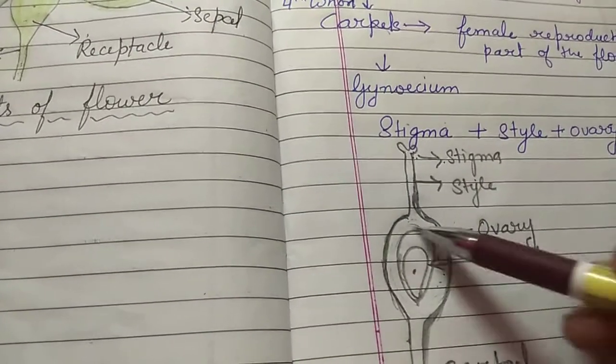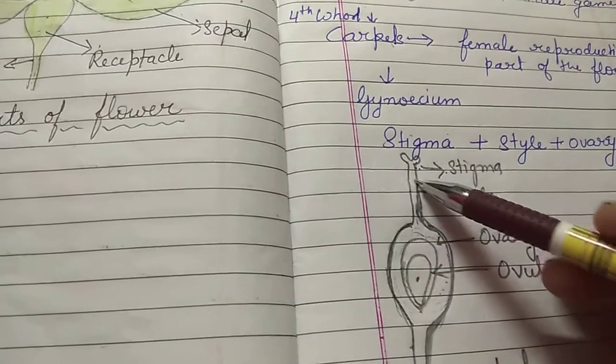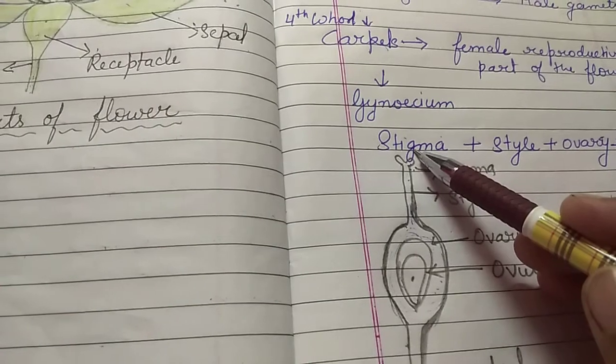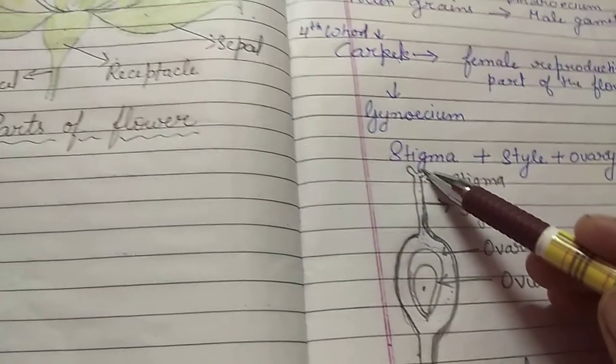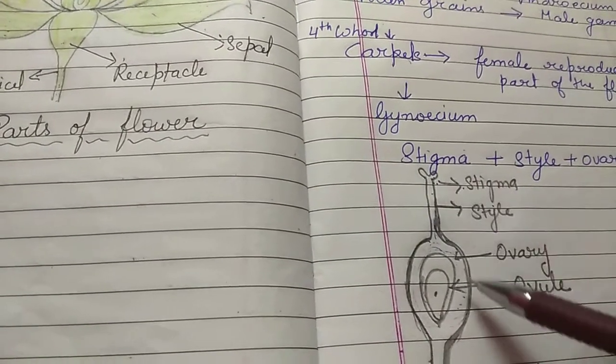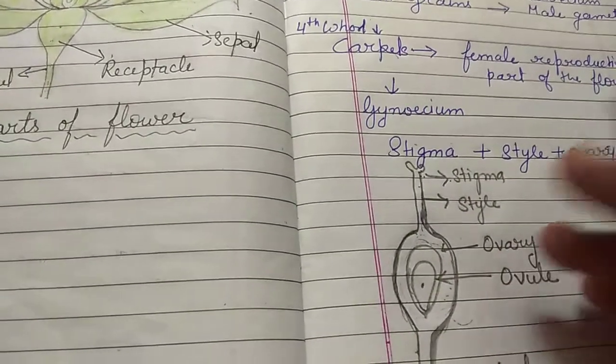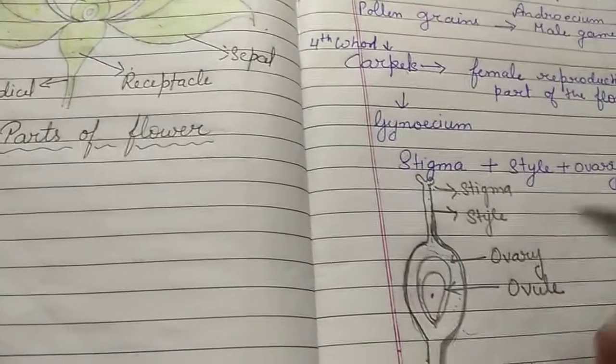This is swollen part ovary, tube-like structure style, and knob-like structure stigma. The ovary contains ovules. Ovary develops into a fruit and ovules become seeds.